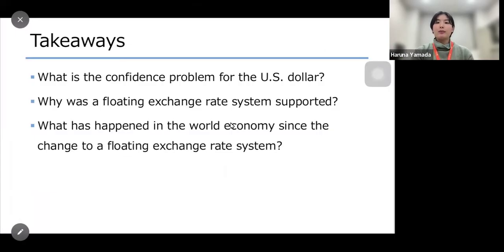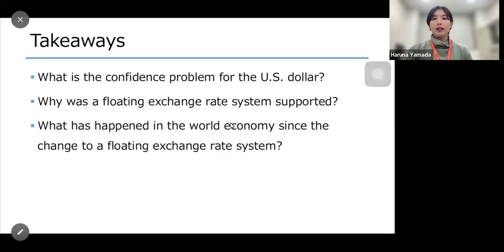But Robert Triffin pointed out that US gold will be short if many countries keep holding dollars and increase their dollar holdings. So this is the confidence problem of the US dollar.